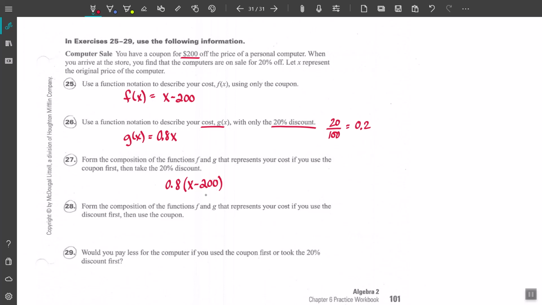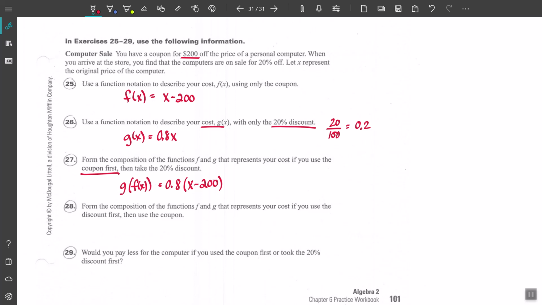All right, so we're doing the coupon first. That's what they said, coupon first. That's why I'm taking X minus 200, and then I'm going to take that number and multiply by 0.8. So if I were to write out that composition using the letters, X minus 200 is our f of X, and we're taking f of X and we're sticking it in as a composition of g of X.